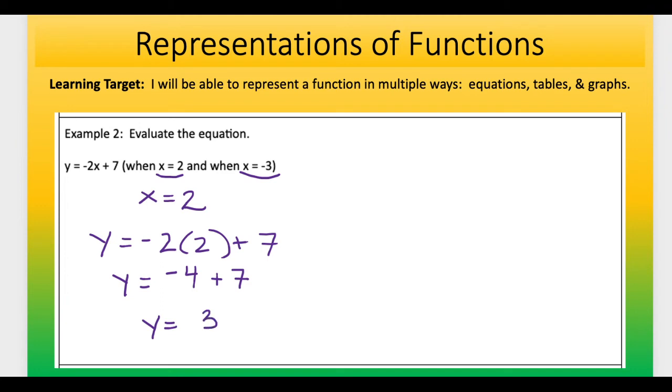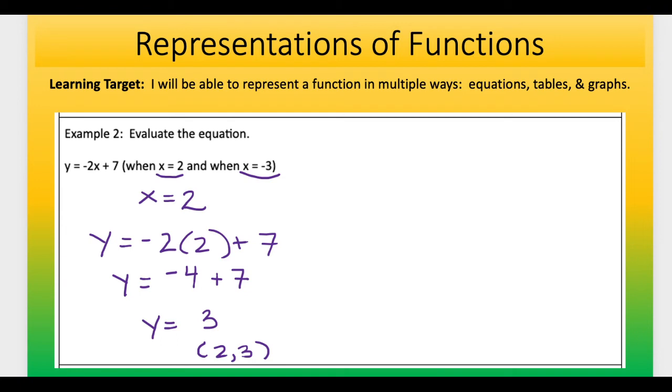So I just evaluated that equation when x was 2. Now, technically, I could write it as an ordered pair if I were to graph this equation, and I would say 2, 3, because when the input is 2, the output is 3. So written as an xy coordinate, it's 2, 3.